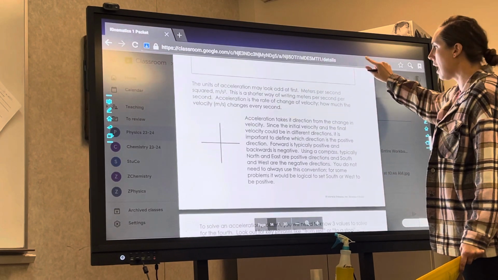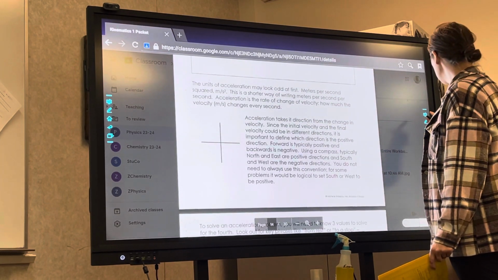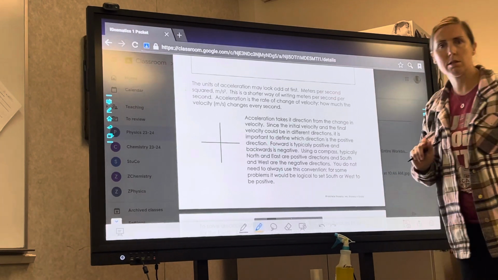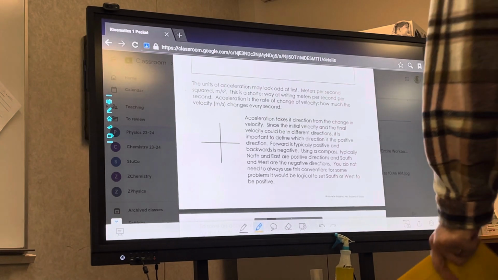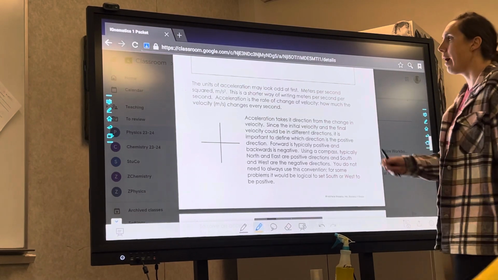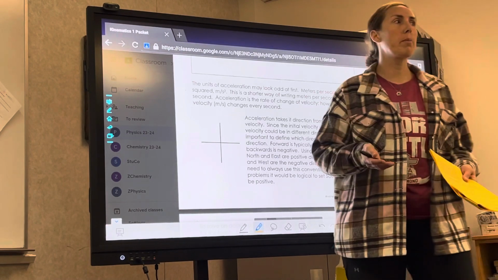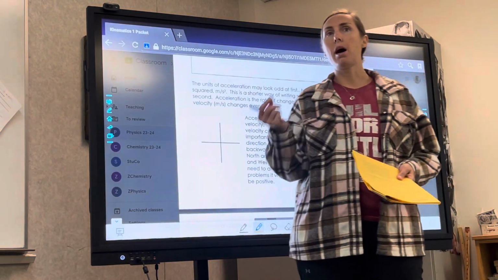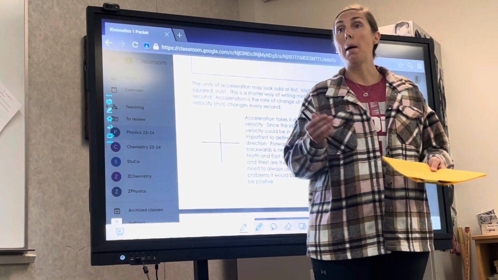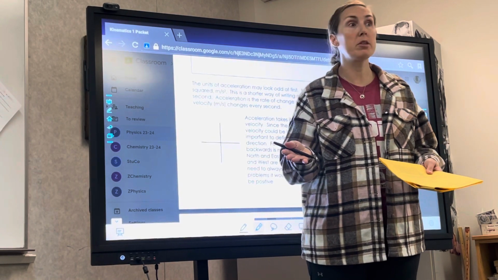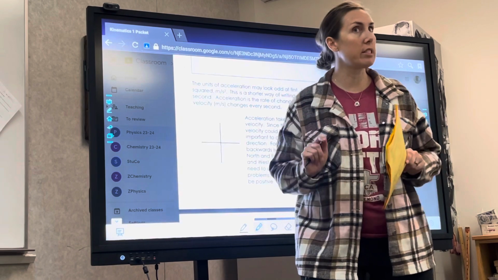The last thing I'll talk about very briefly is that when we talk about acceleration, we're actually going to get positive and negative coefficients, okay? If you accelerate at a positive 1 meter per second squared, you are going faster, you're accelerating.